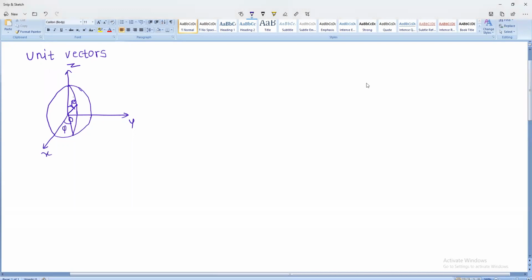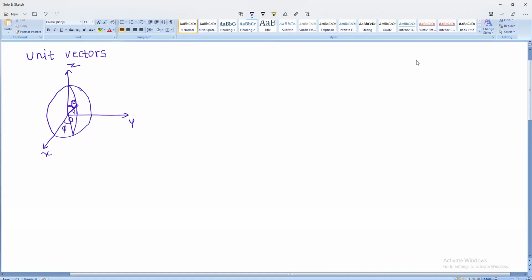So consider a point. We are finding point P having coordinates r, theta, and phi, right? The first coordinate is r. This r is the radius of the sphere.